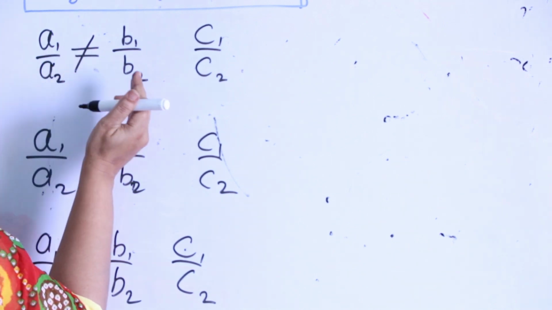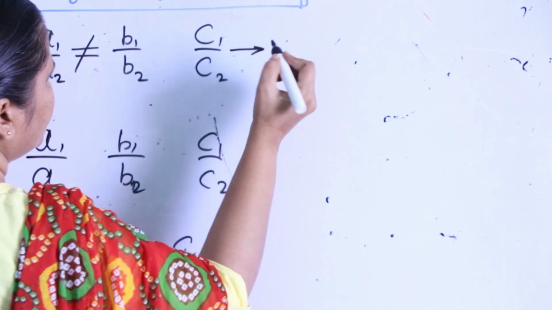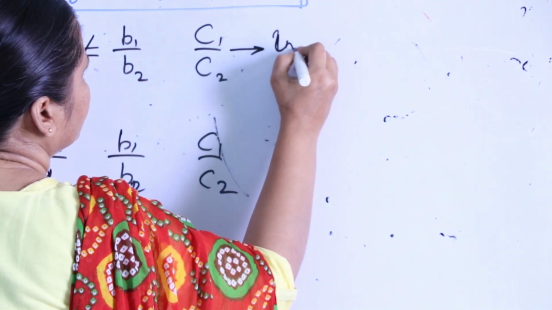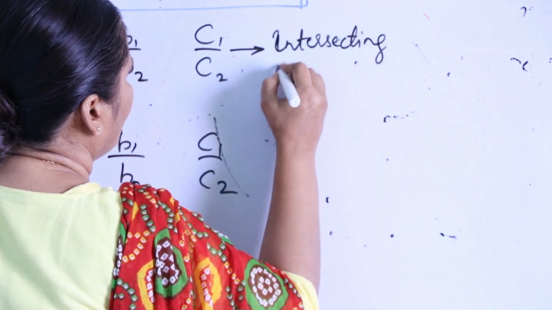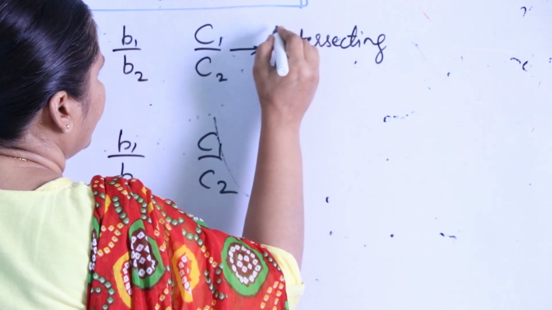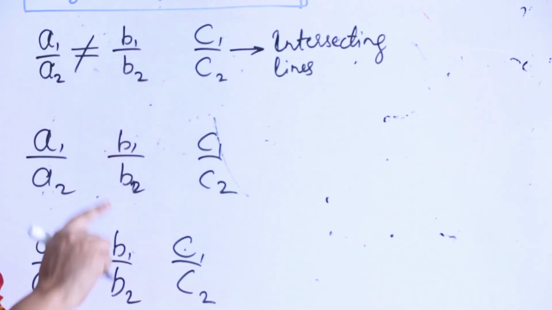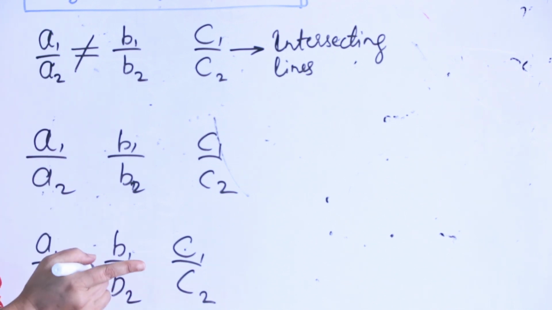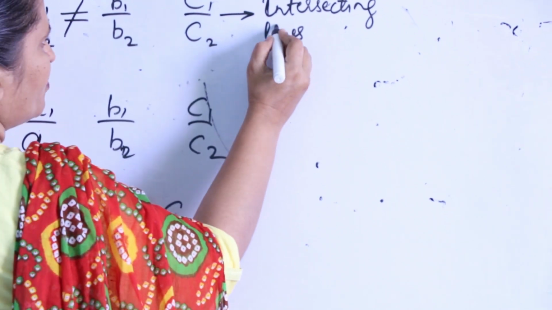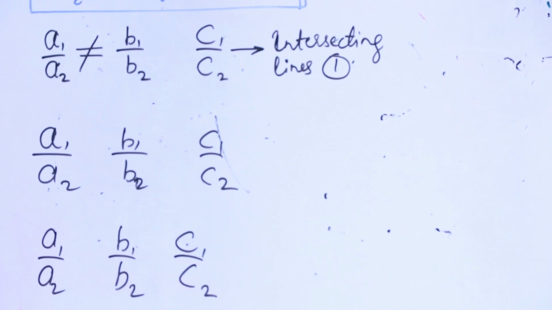If they are not equal, then such a system forms intersecting lines. And for intersecting lines, how many solutions? Remember, when I say solutions in a pair of linear equations, we are talking about pairs which are common for both. So how many such common pairs are there for intersecting lines? Only one such pair, one solution.